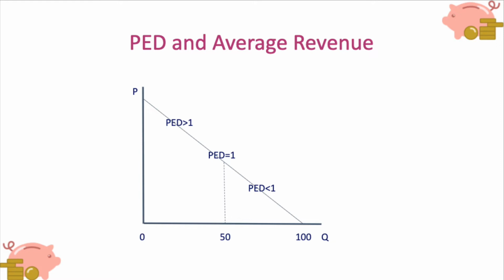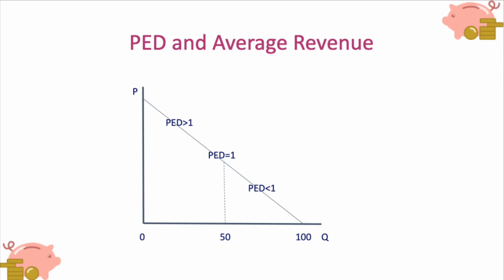And then we get to the middle of the average revenue curve and the PED is equal to 1. As we move down to the bottom half of the demand curve, the average revenue curve, we'll see that the price elasticity of demand is less than 1. It's relatively inelastic. And then when we hit the x-axis, the price elasticity of demand is 0.